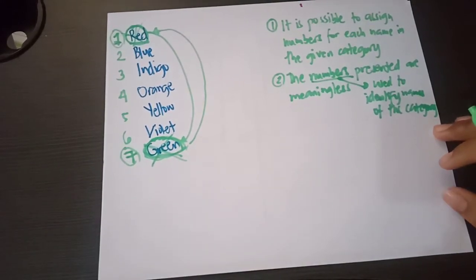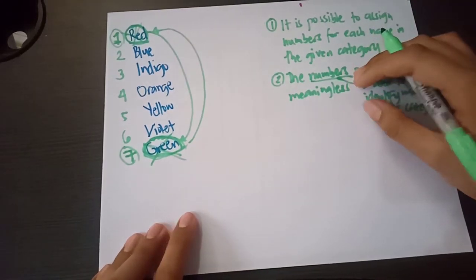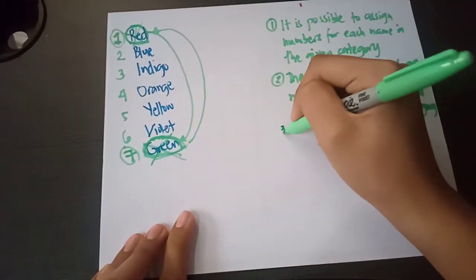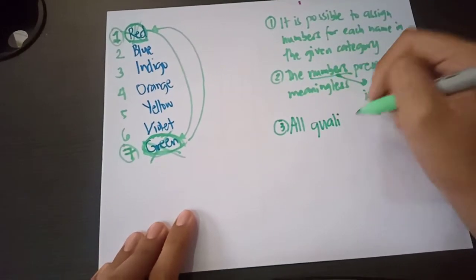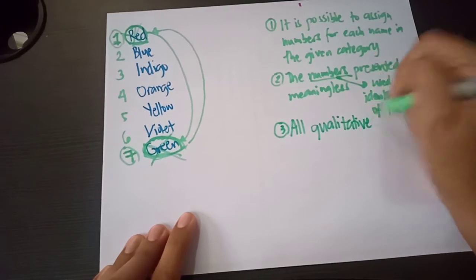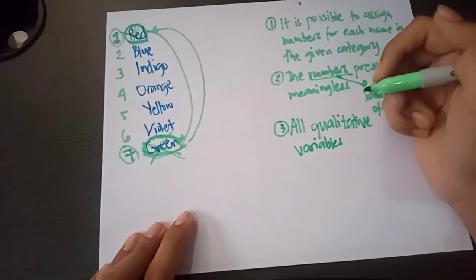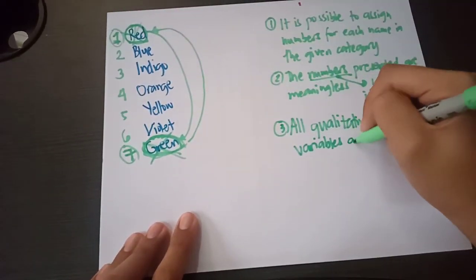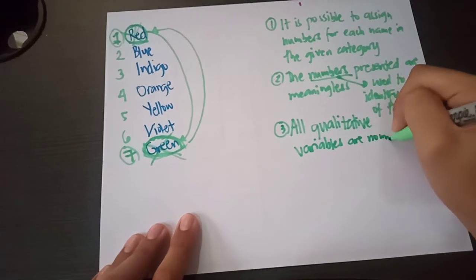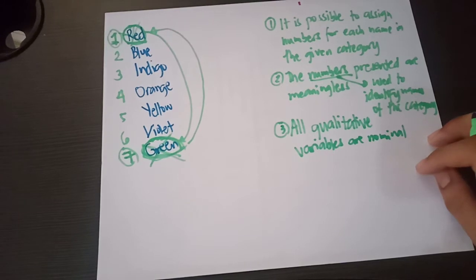So, if the numbers present are meaningless, we can infer that all qualitative variables will fall under the nominal scale. All qualitative variables are nominal variables because they consist of names.